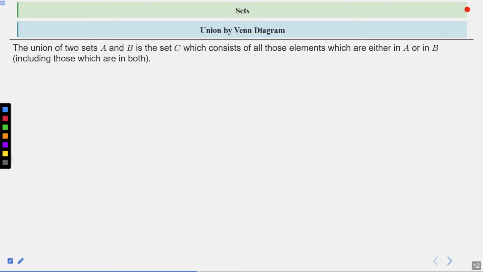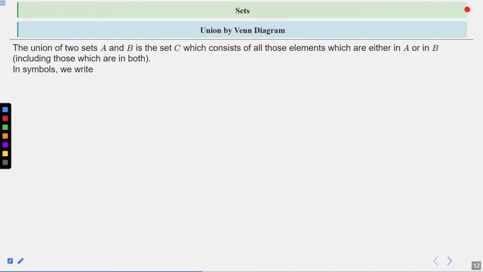Now, union by Venn diagram. So simple, the union of two sets A and B is the set C. So A union B generates another set, C, which consists of all those elements which are either in A or belong to B, including those which are in both. Clear?